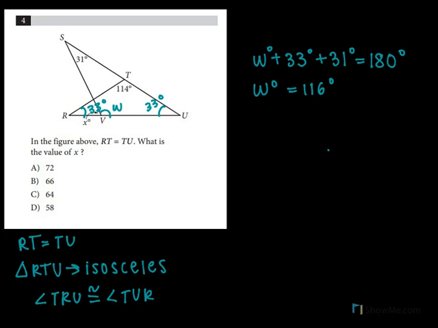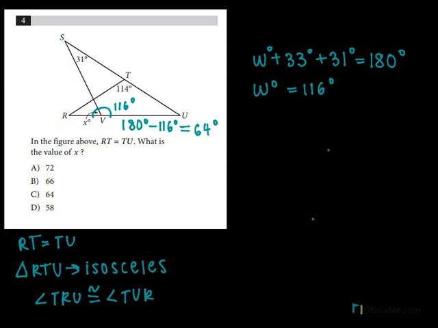And now we can use the exterior angle theorem, and since we know that a line is 180 degrees, and let me clear this a little. A line is 180 degrees, and we know that this angle right here, W, is 116 degrees. So this should be 180 degrees minus 116 degrees.